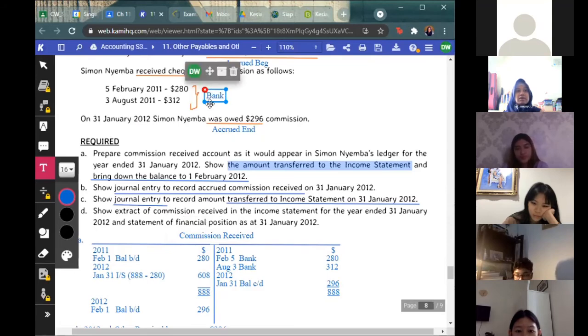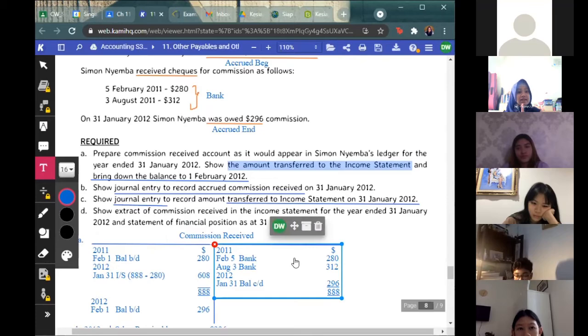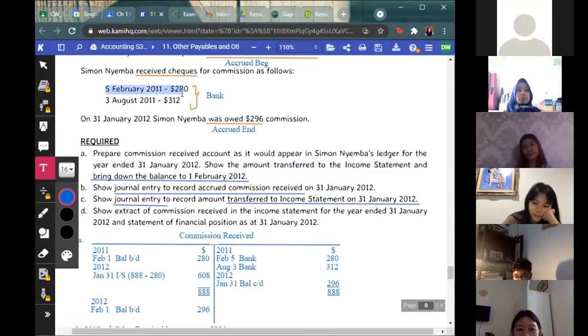This bank in the T account of income will be shown on the credit side. Remember, you are in the income, not in an expense. In the expense, bank will be on the debit side, but meanwhile we are in the income. So since I have two payments received, I put both of them on the credit side.